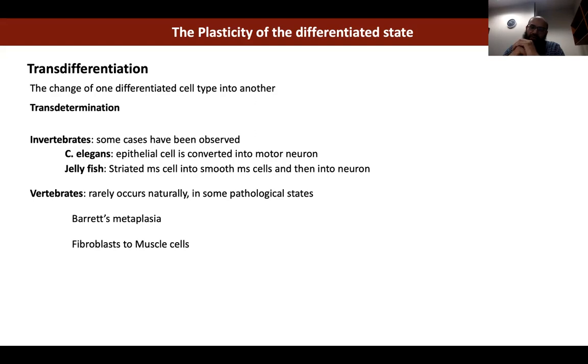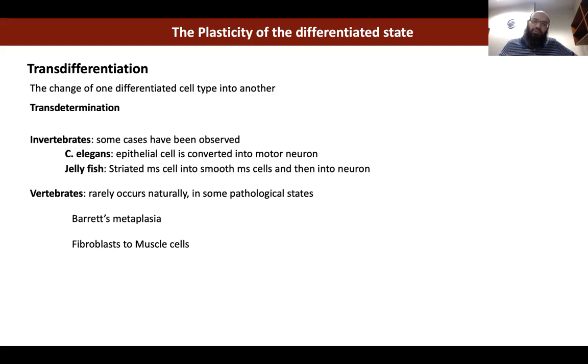Normally it has a stratified epithelium, but inside the stomach you have a columnar epithelium. So the epithelium of the lower part of the esophagus is converted into a columnar type epithelium, and that happens because there is a problem in the gastric valve. The problem in the gastric valve leads to frequent regurgitation of acid from the stomach, which damages the lower part of the esophagus.